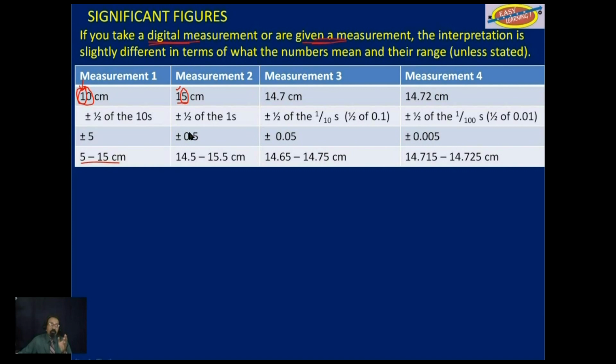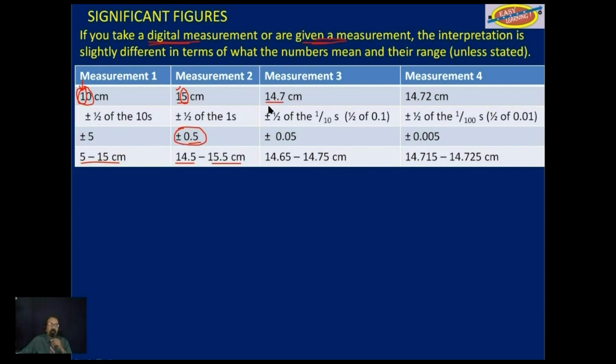So we take half of the position 1, more or less, and we get 0.5. So when we say the measurement is 15 centimeters, we actually mean it's 14.5 to 15.5. 15 plus or minus 0.5.